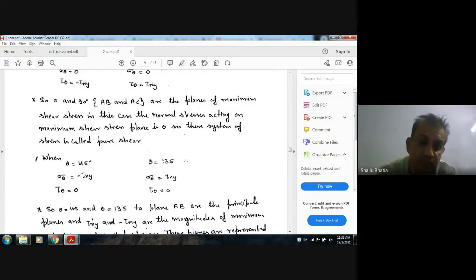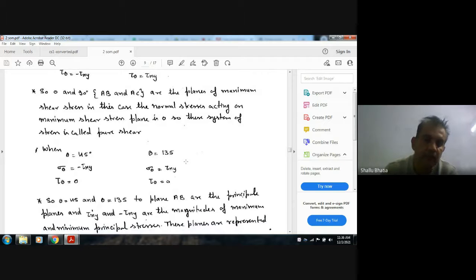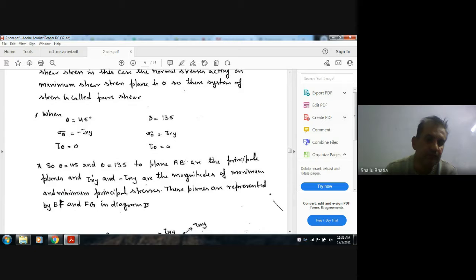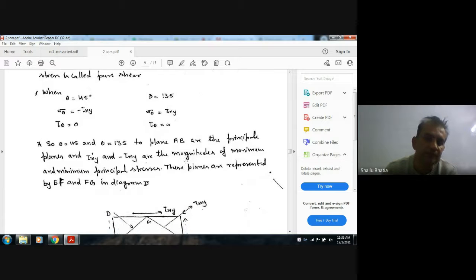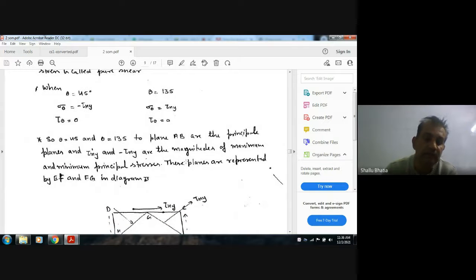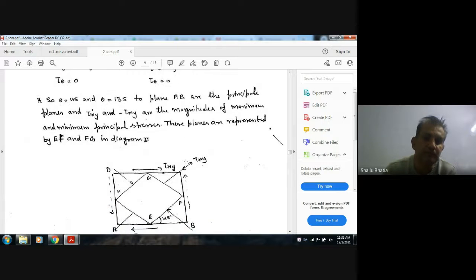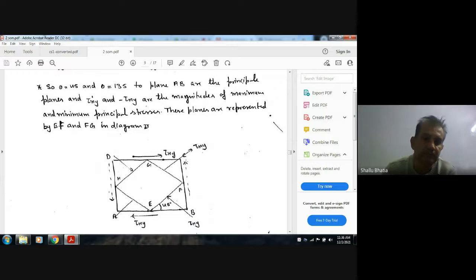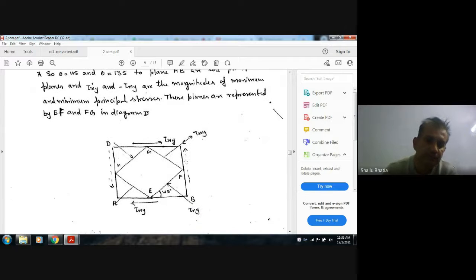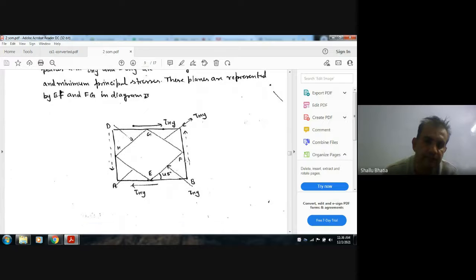As there is no shear stress on these planes, these are the principal stresses, and theta equal to 45 and 135 degrees are the principal planes. Tau xy and minus tau xy are the magnitudes of maximum and minimum principal stresses.